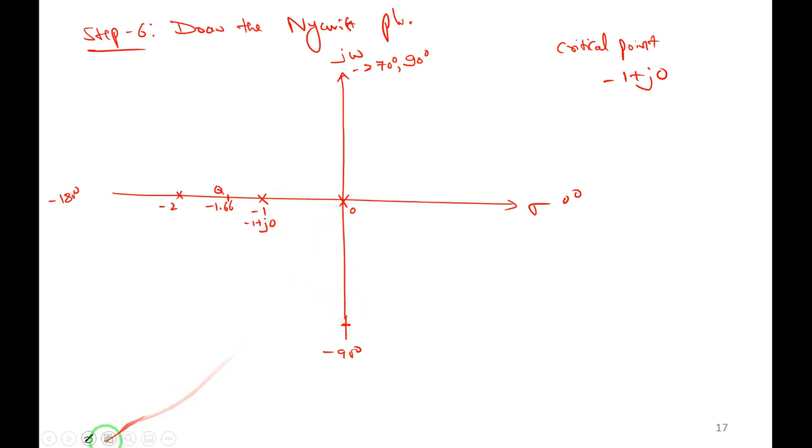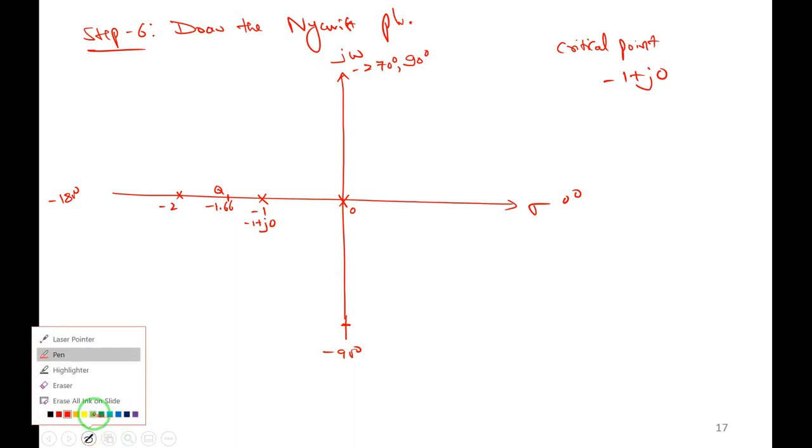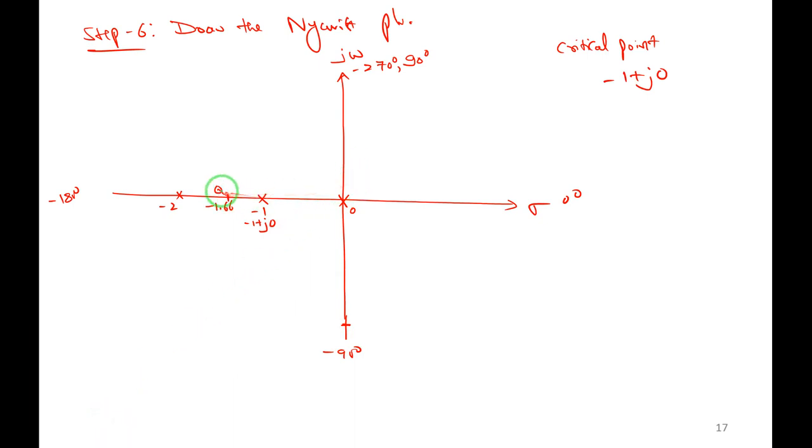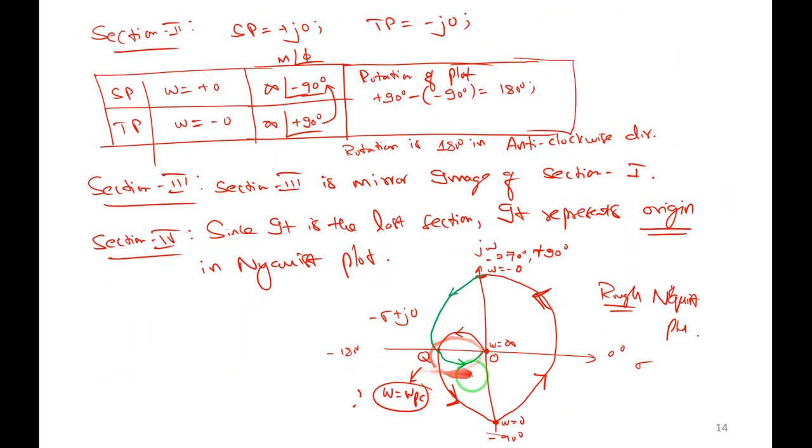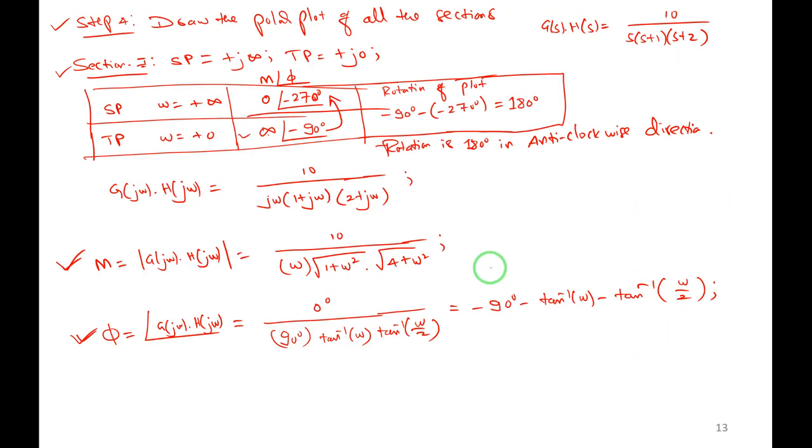Let me draw the Nyquist plot. Let me change the ink color. It will go and intersect at infinity here because I've taken infinity here. So this is the direction. Direction is very important. Look at this rough sketch, already ready. Next, plus j infinity, it will go like this.